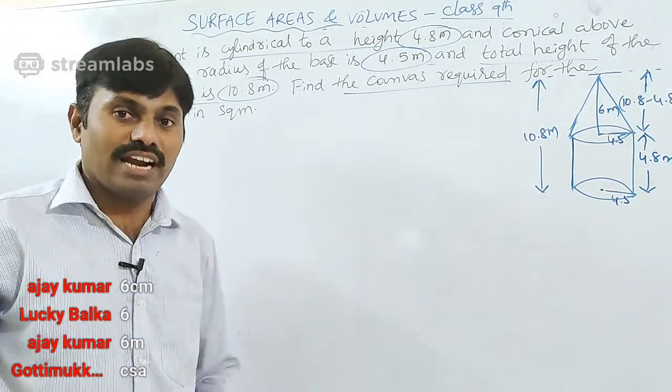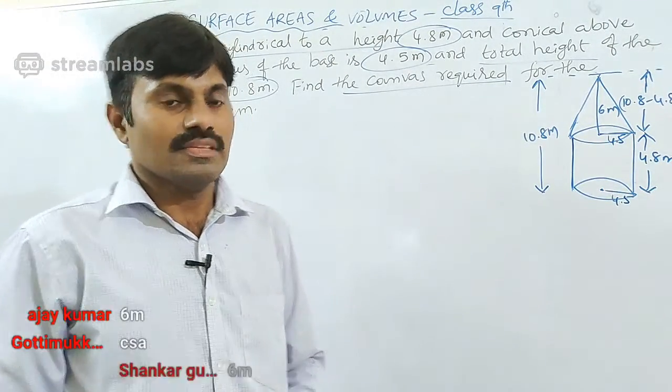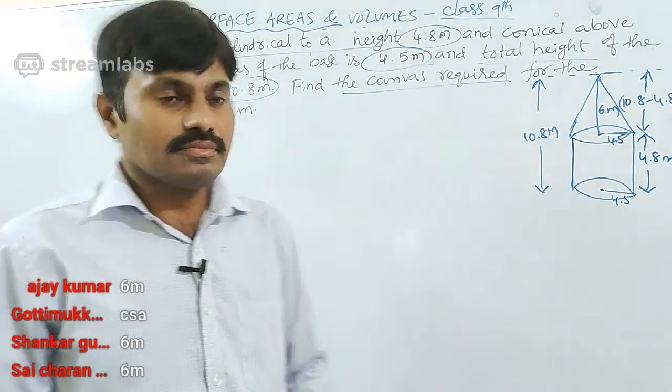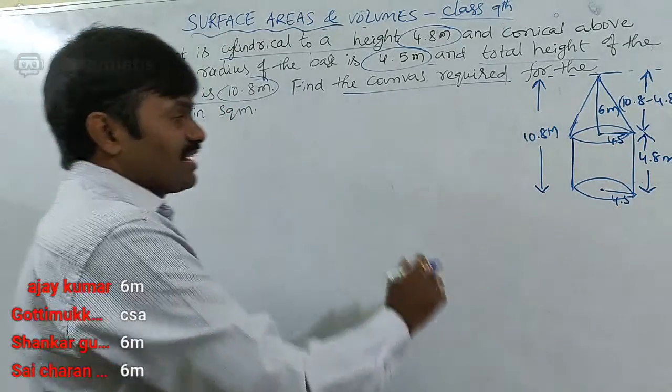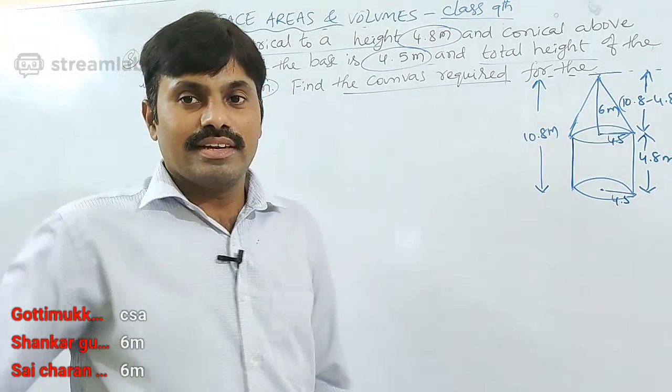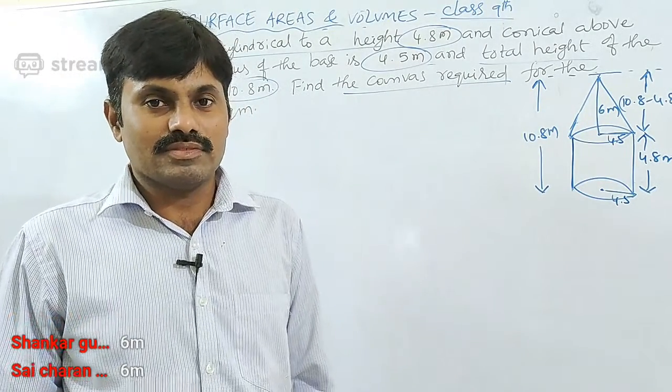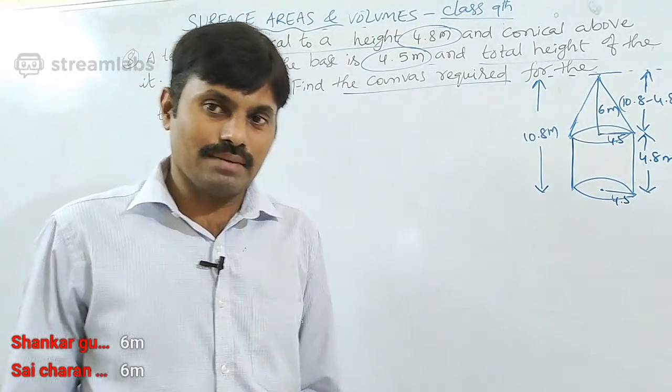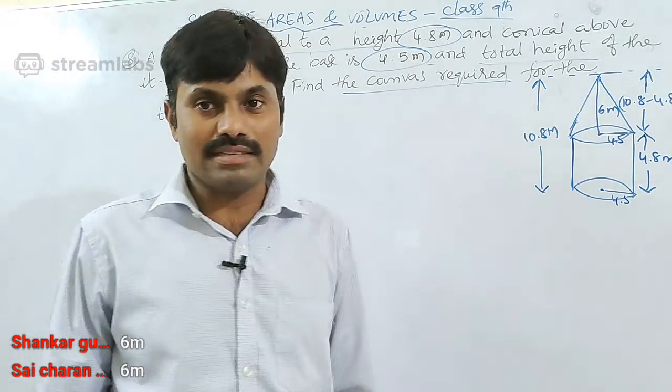This is the question. So what do I have to do? The canvas required is the CSA of the cylinder plus the CSA of the conical part.